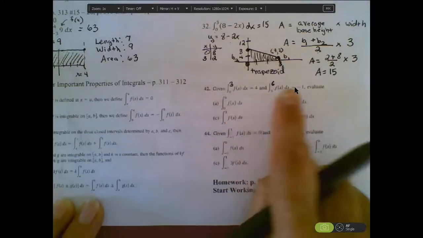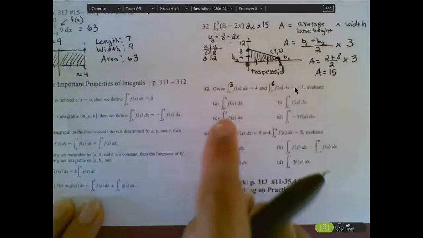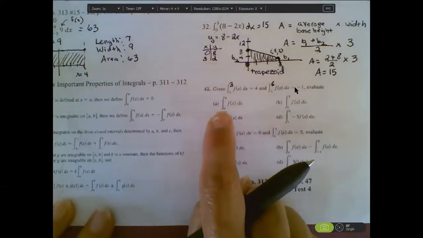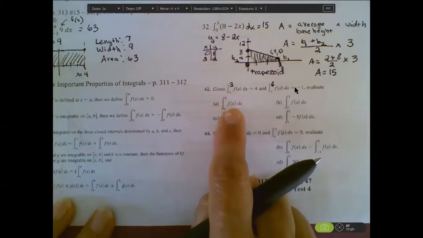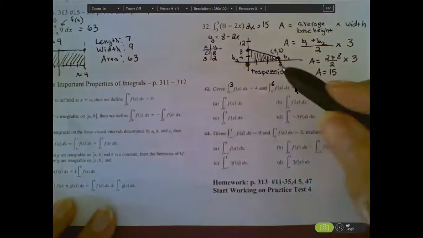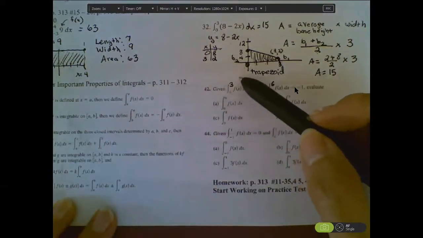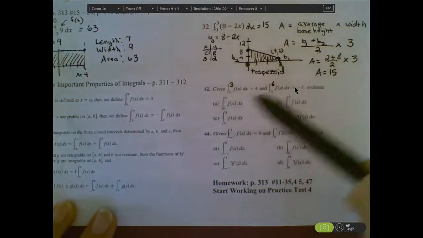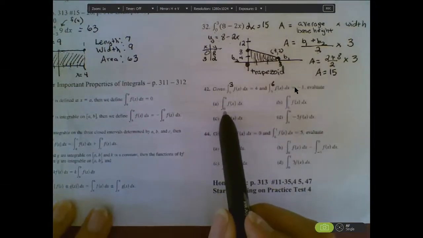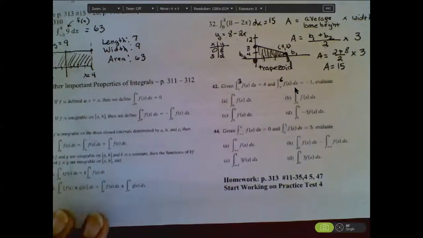So they're giving us these two definite integrals and asking us to find the integral from 0 to 6 of that same function. If I know the value from 0 to 3, and I know the value of the definite integral from 3 to 6, how would I find the value of the definite integral from 0 to 6?